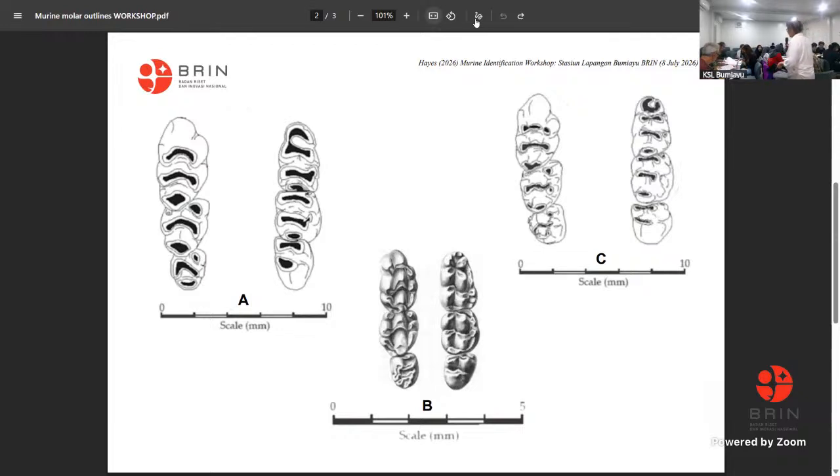It's possible that the lower M1 has been found in Murinae from the Caligula Formation, 2011. So we could be standing on the fossils of this rat.